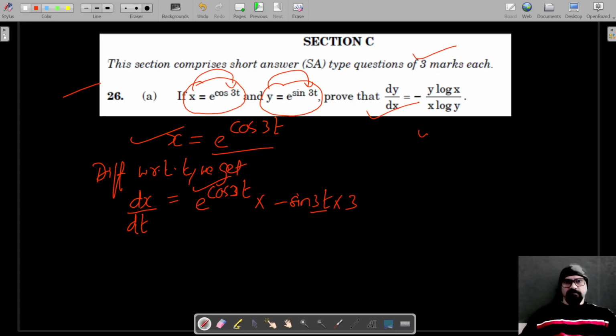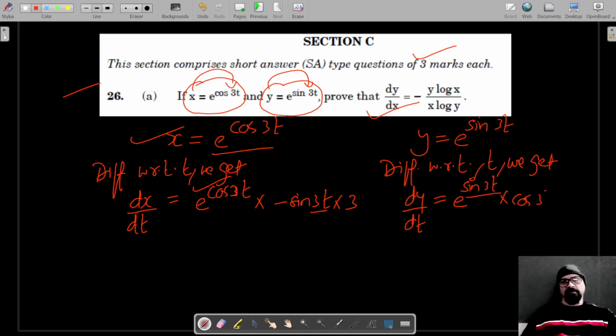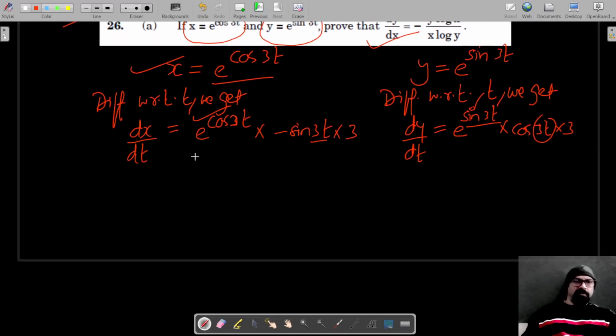Okay, now y is equal to e raised power sine 3t, and let's differentiate this with respect to t. We get dy by dt is equal to e raised power sine 3t. Differentiation of sine is cos 3t, and differentiation of 3t is 3. Okay, so we have got the differentiation.